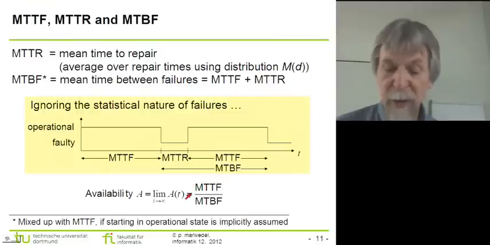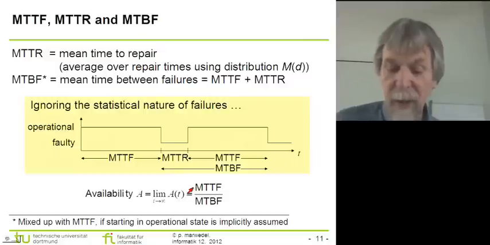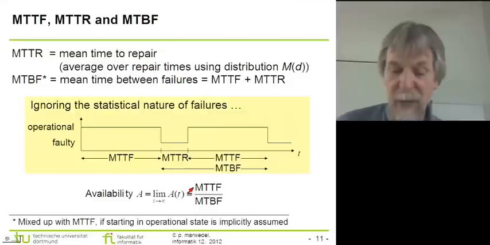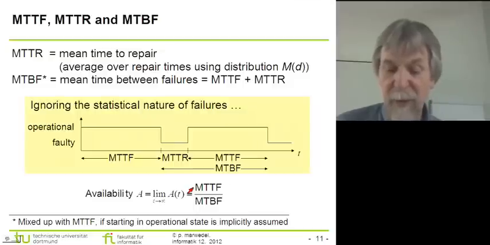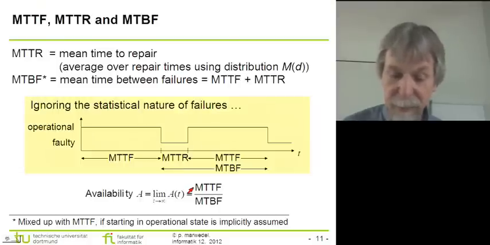So that means, for example, if we have a system which is, say, 999 hours operational, and then you have to work for 1 hour on the repair, there we would have a value of 0.999.